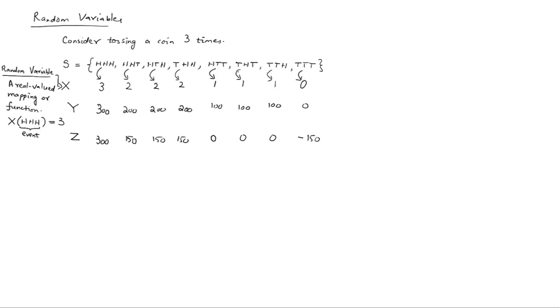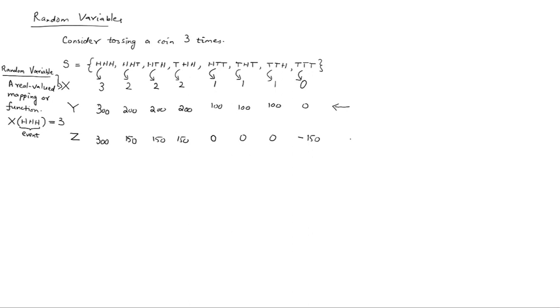So for the same sample space, for the same random experiment, you could have many random variables. If you're playing the game where you win 100 rupees for every head, random variable Y is what you're interested in.